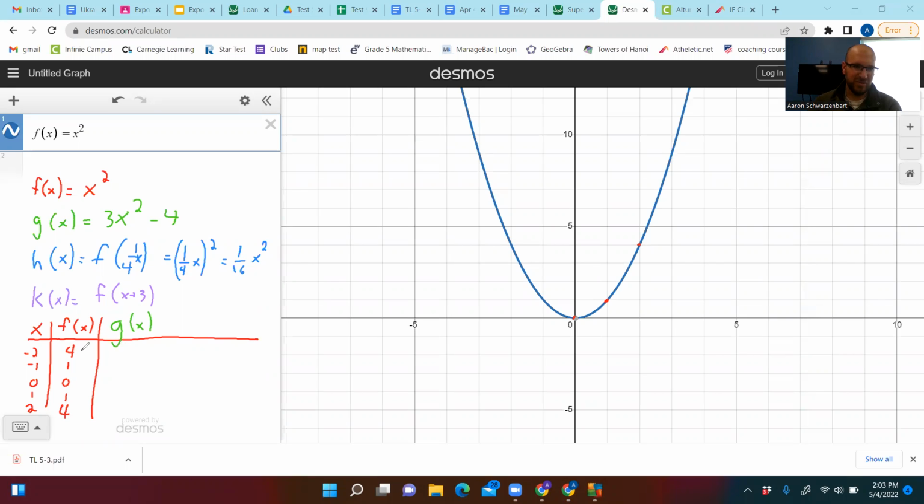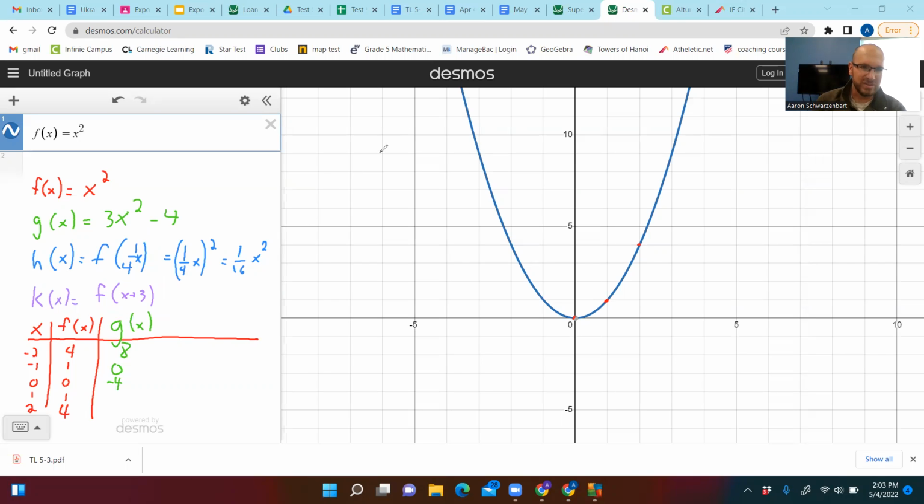So again, this is a vertical stretch times 3 and then a vertical shift. So I multiply by 3 and then a vertical shift. So here I have to do 4 times 3 is 12 minus 4 is 8. 4 times 1 is 4 minus 4 is 0. 4 times 0 is 0 minus 4 is -4.